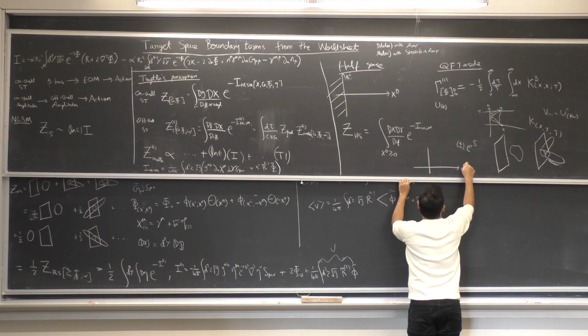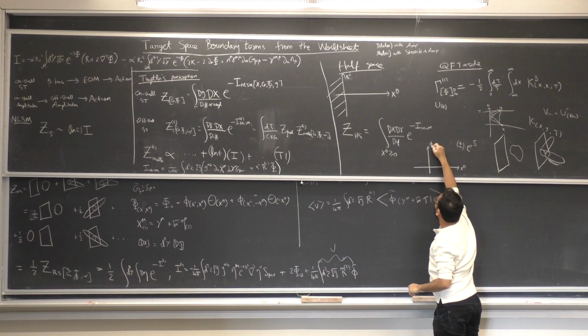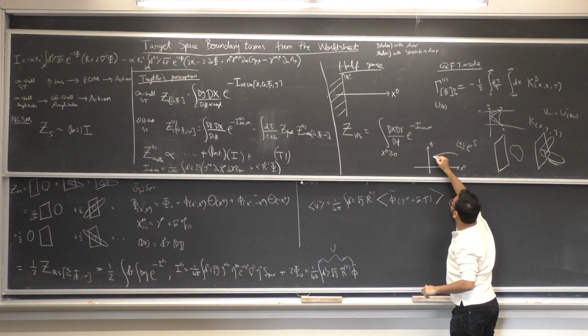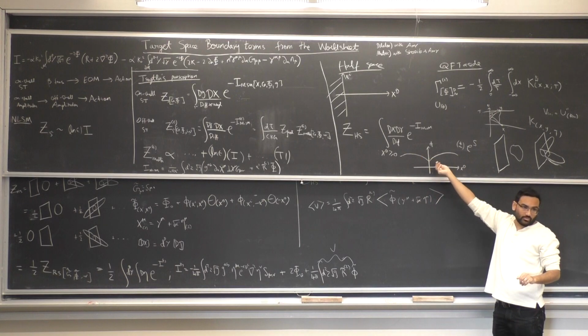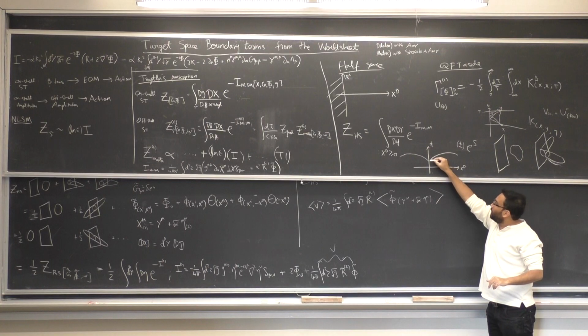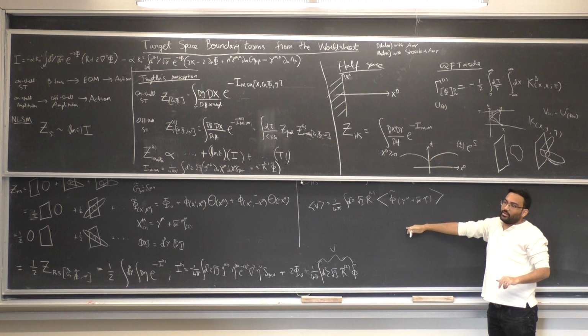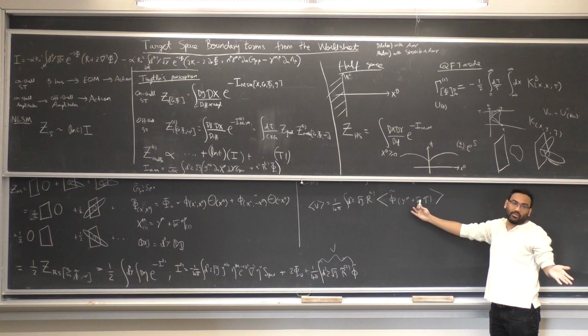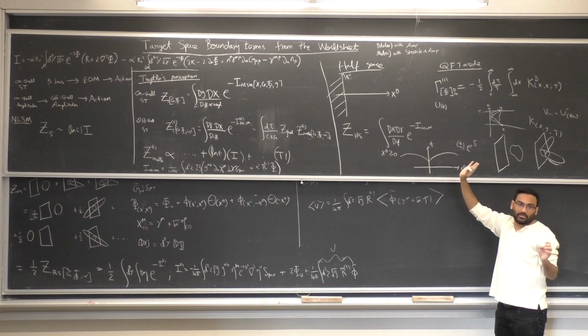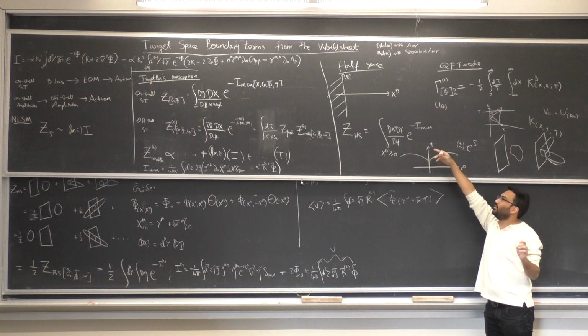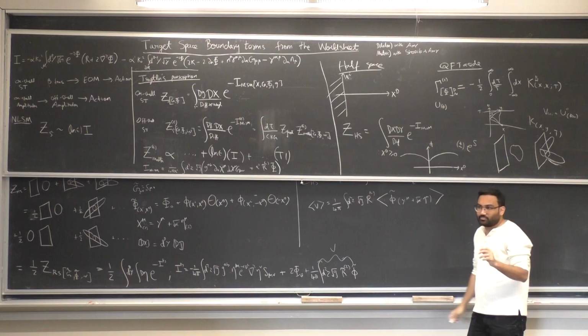Let's say this is xt, and this is the perturbation phi, and if it was like this, when you reflect it, you get a kink. Because of this kink, certain things are non-zero, and that is the source for the boundary terms. It is this kink that gives rise to boundary terms.